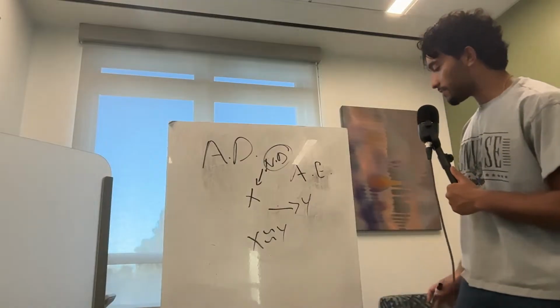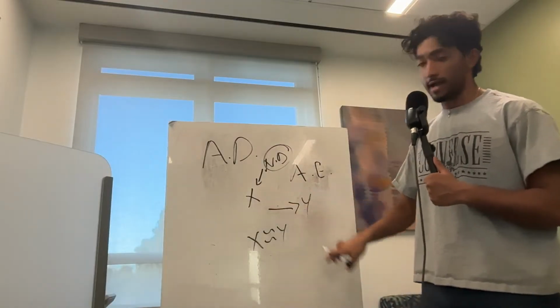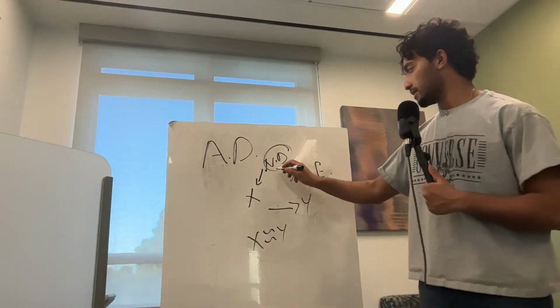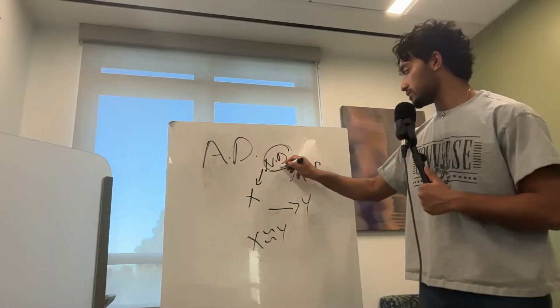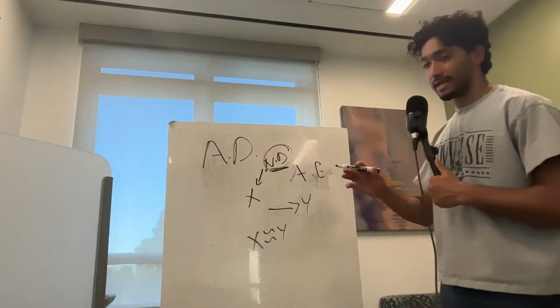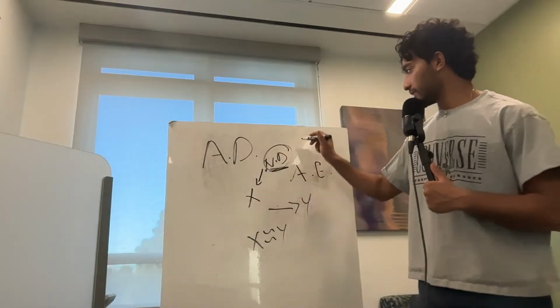Now, if I keep feeding loads of the same kind of X, then my autoencoder is going to get really good at this. So assume that X is normal data, and X is all kind of similar.